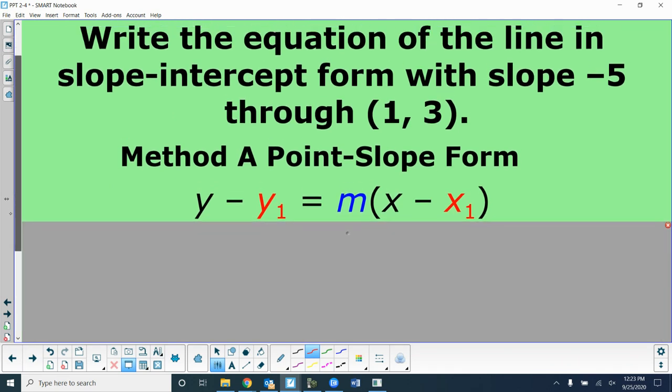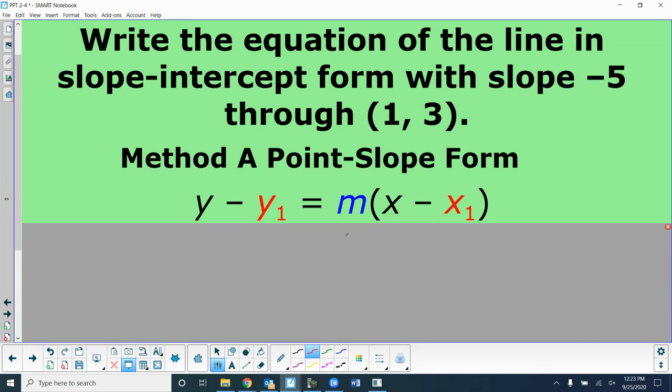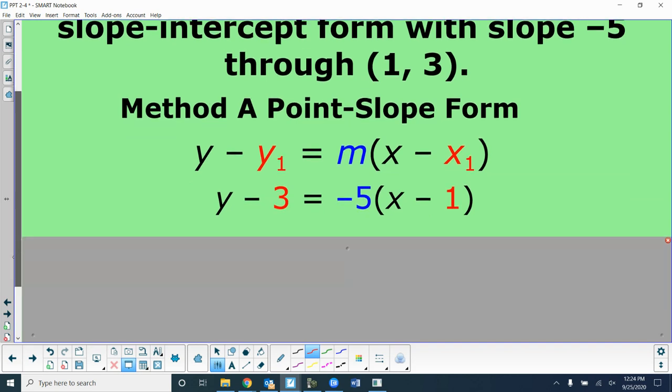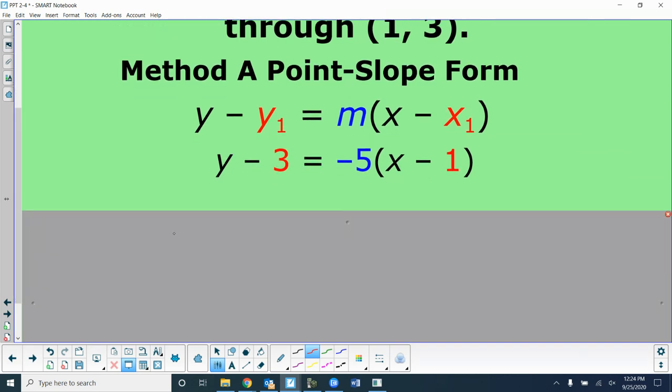Okay? So again, right, this is the same type of problem. What goes in here? Yeah, which is? -5. What goes here? 1, 3. What do I do with the -5? Distribute, right?